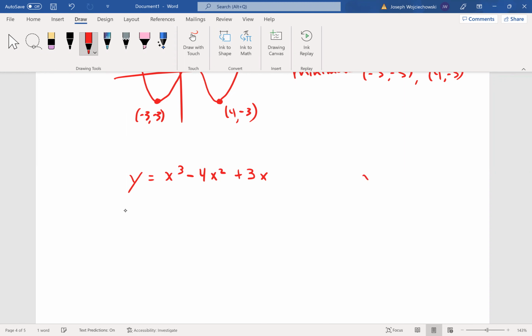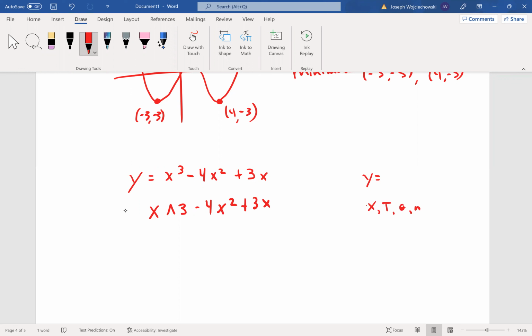You want to hit y equals, and to punch this in, hit x to the third minus 4x squared plus 3x, remembering that x is that button that says X, T, theta, n.